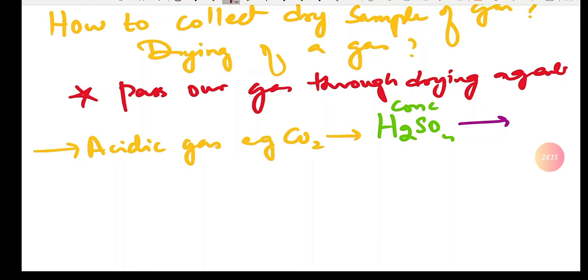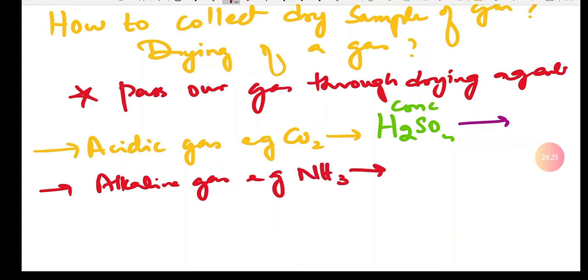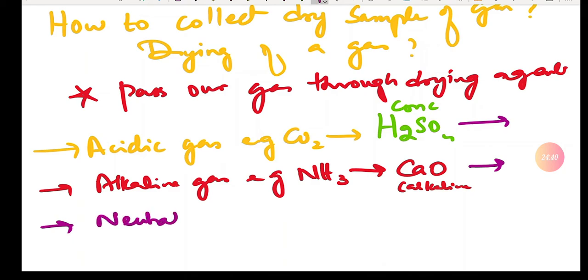Similarly, if we have an alkaline gas, for example ammonia, the drying agent will be alkaline in nature, for example calcium oxide, and finally our gas is collected. The third is for neutral gases. The drying agent is calcium chloride, and then our sample is collected.